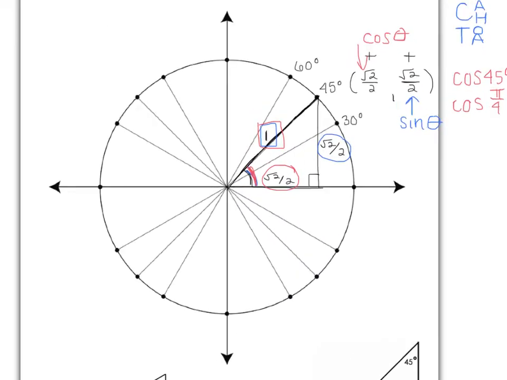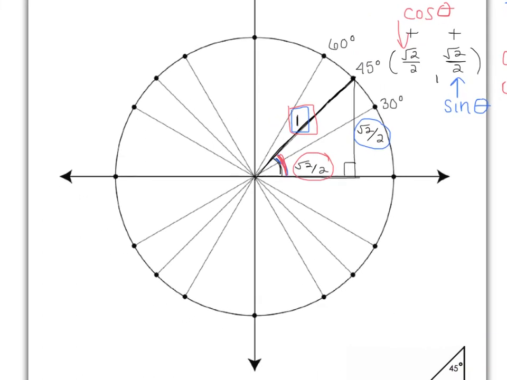How is this going to be connected to other angles? Well, let's think about the fact that any angle that is 45 degrees away, so our other angle in the second quadrant, was 135 degrees. Both 45 and 135 degrees are 45 degrees away from the x-axis. Notice that these two values are going to share the same y value.